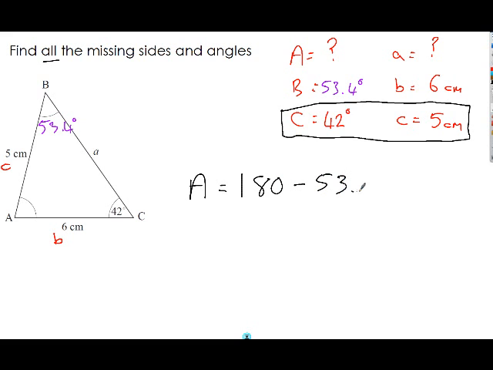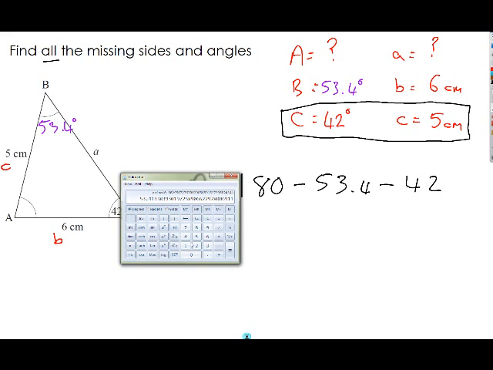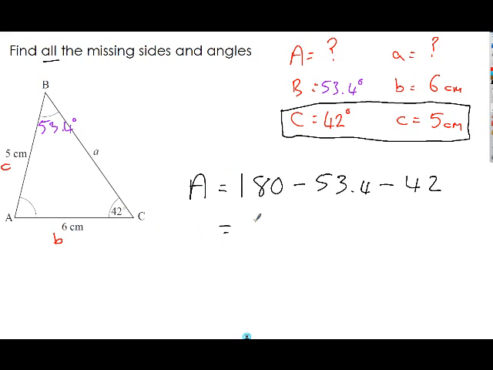Take away 53.4 degrees. Take away 42 degrees. 180. Take away 53.4. Take away 42. 84.6 degrees. So that was even easier.